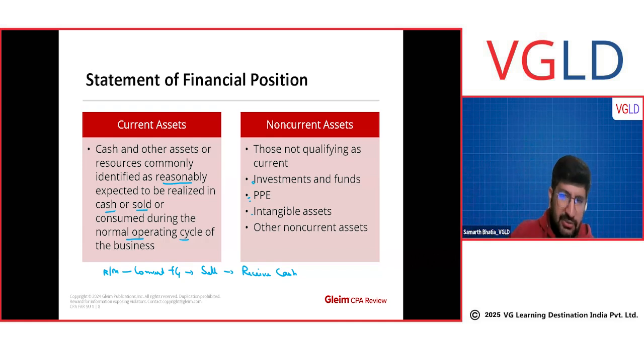Suppose sometimes we are dealing in large machinery and it takes 2 years to get the inventory converted into cash. For 2 years, we have to keep the inventory with us. So in that case, you can't treat your inventory as a non-current asset. It will always remain a current asset. But here the operating cycle can be 12 months, more than 12 months.